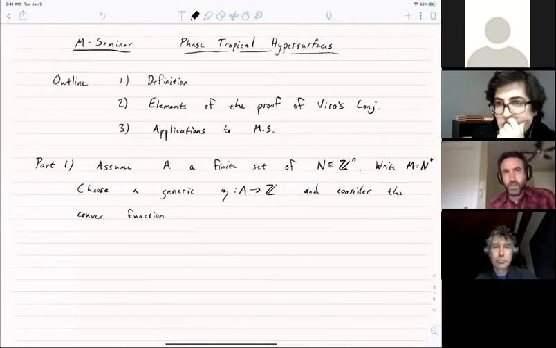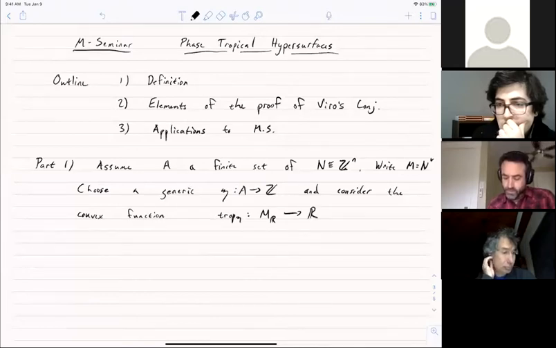which I'll take to be just lowercase trop eta, and it's going to send M_R, M tensor R, to R, defined by just taking this minimum of pairing.